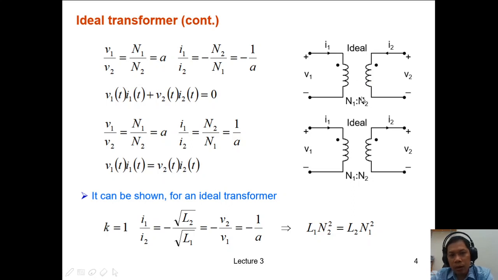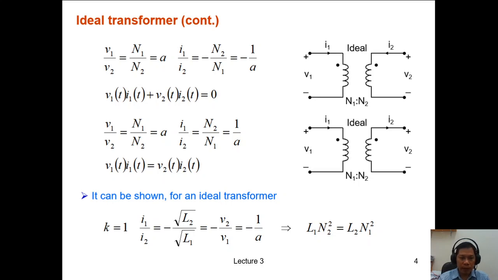A closer to physical system would be the second equivalent circuit here, where you have the current coming in coil 1 and going out coil 2. So we are supplying energy to coil 1, and then we provide the energy to a load on coil 2.